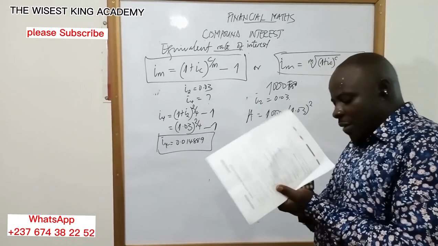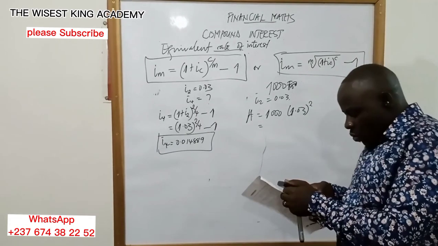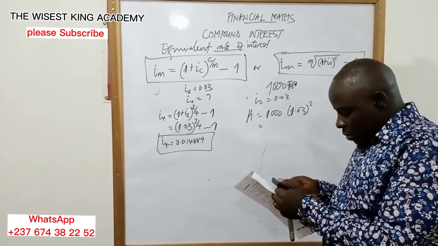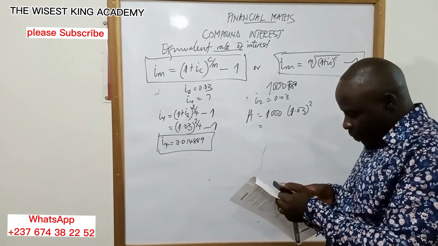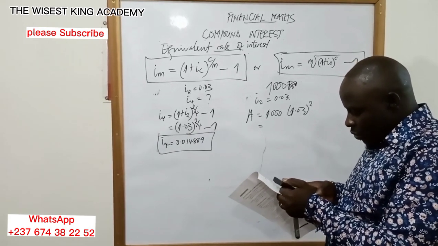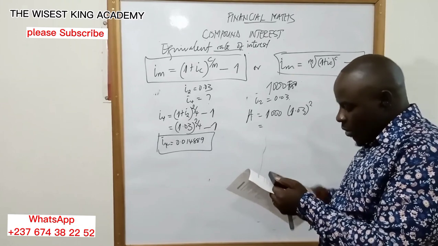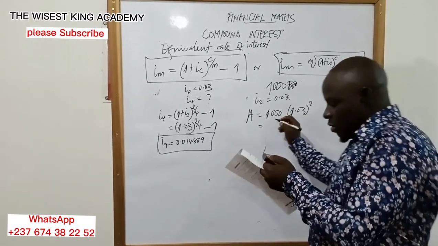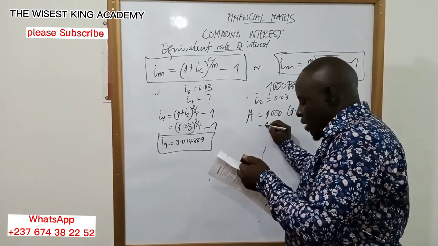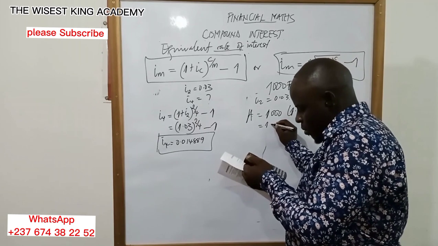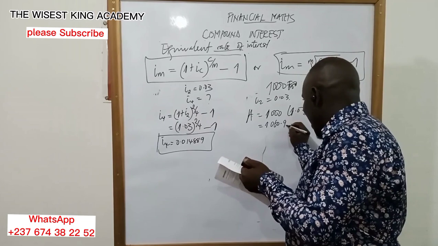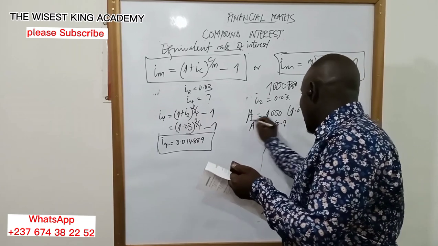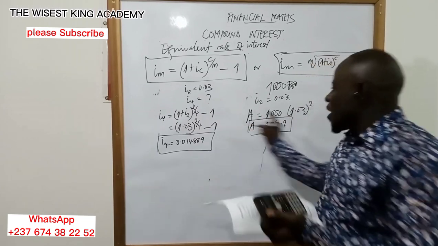Let's calculate. It gives us 1,060.9. That's the acquired value.